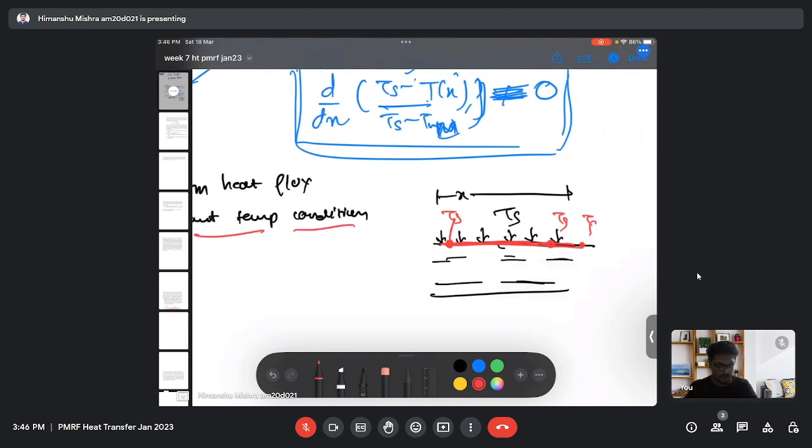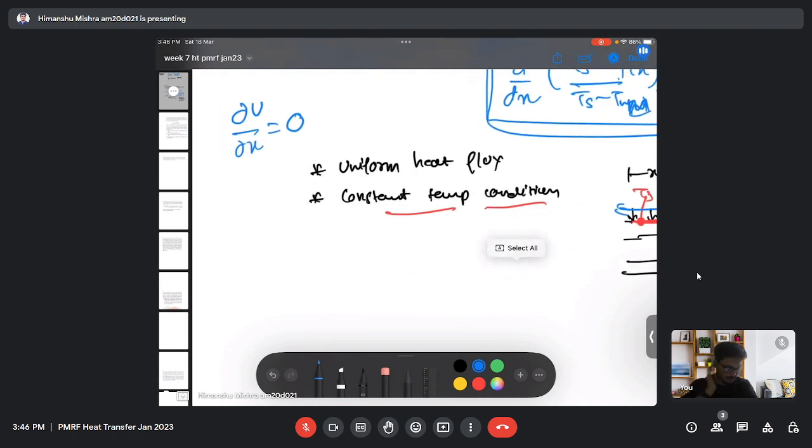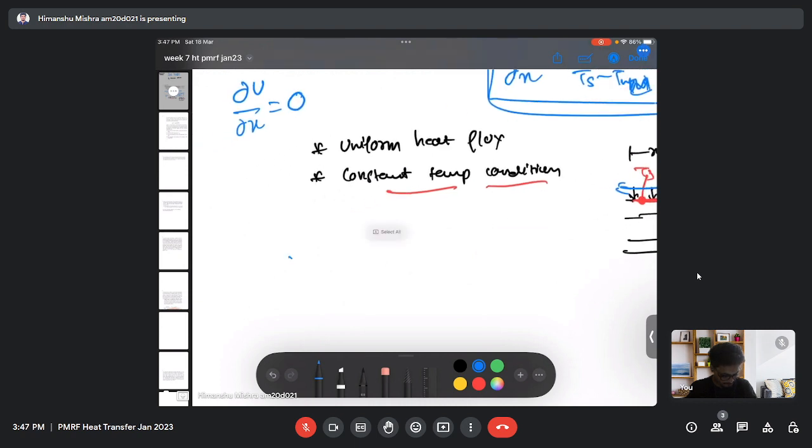In a uniform heat flux, my heat flux q dash will be the same along the x direction. A constant temperature condition happens when there is evaporation or phase change at the surface.